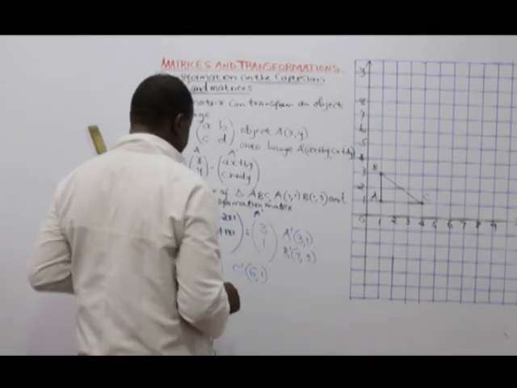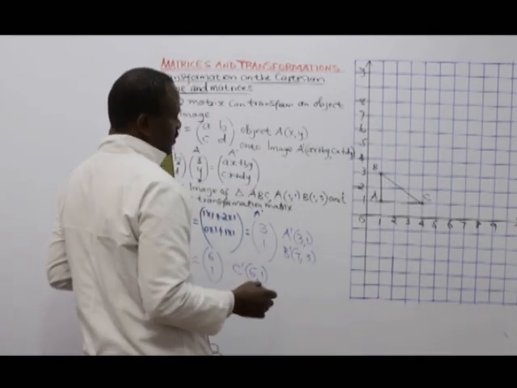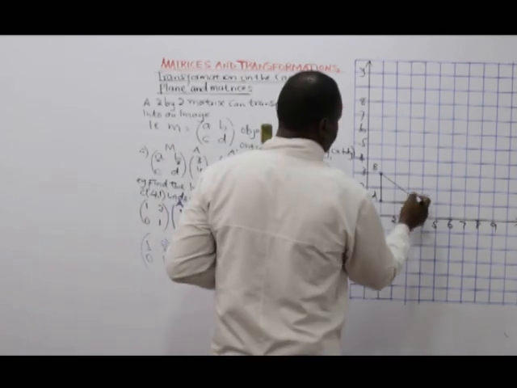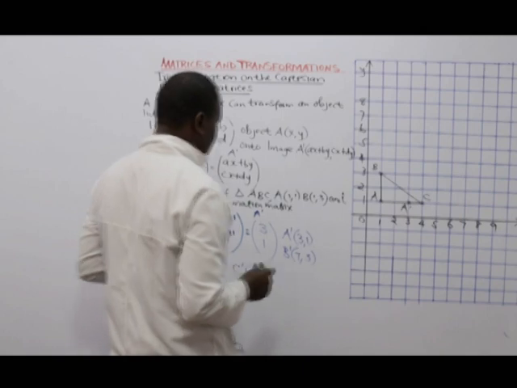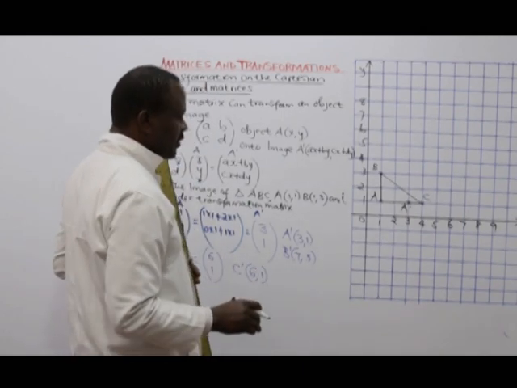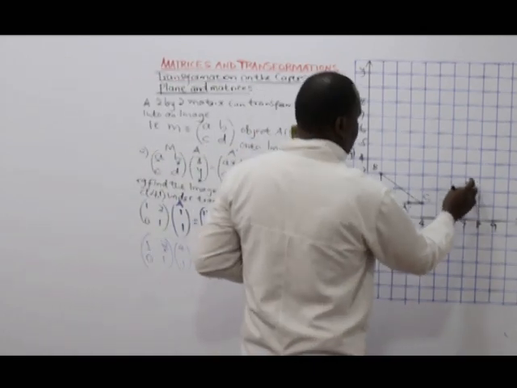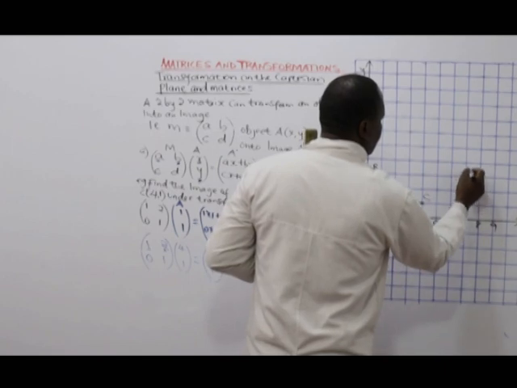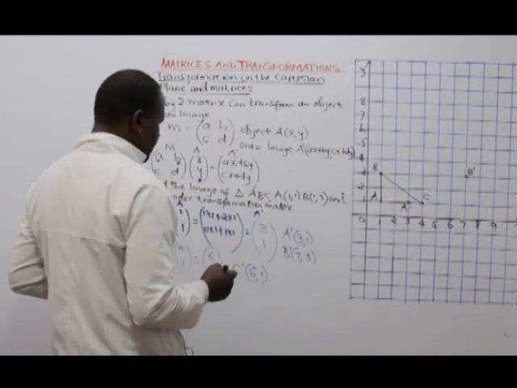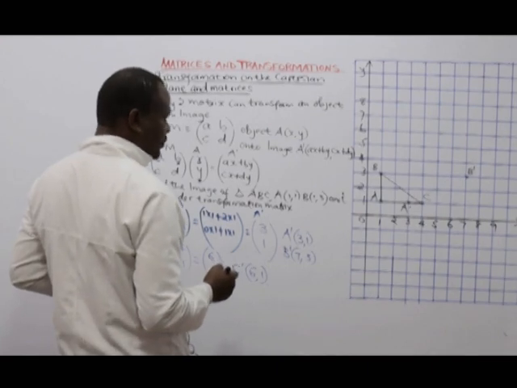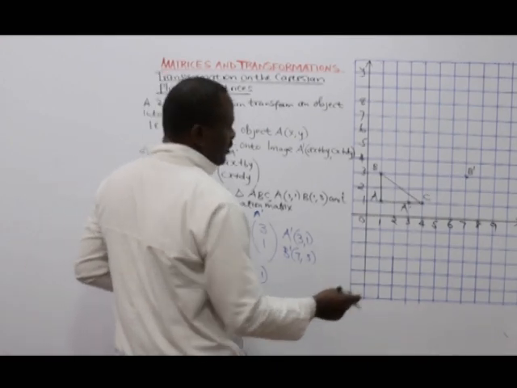The image is A prime (3, 1), B prime (7, 3), then C prime is (6, 1).